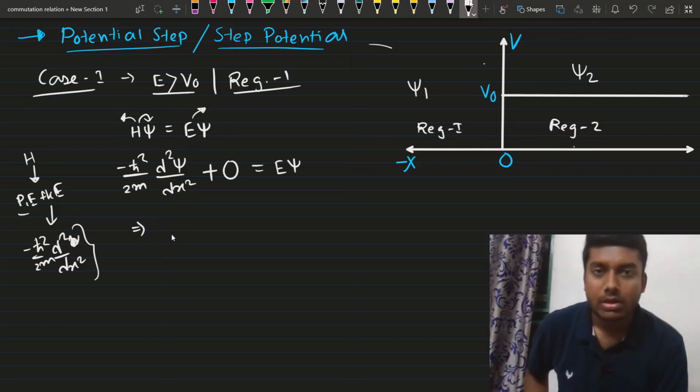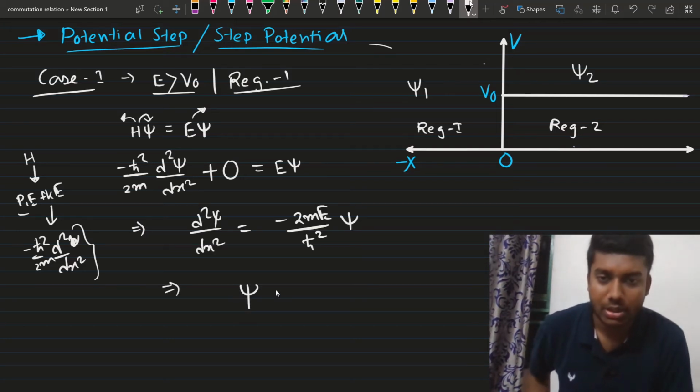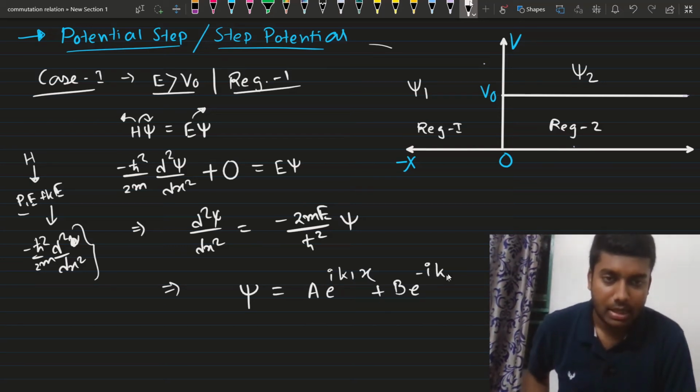Solving this second order differential equation, we get the solution a e to the power i k1x plus b e to the power minus i k1x.